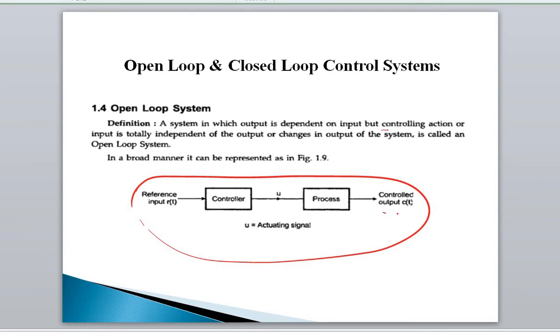But this output is not measured and it is not compared with the input every time. With suitable calibration, it is assumed that the temperature we get is 24 degrees centigrade. This is the working of an open loop control system.